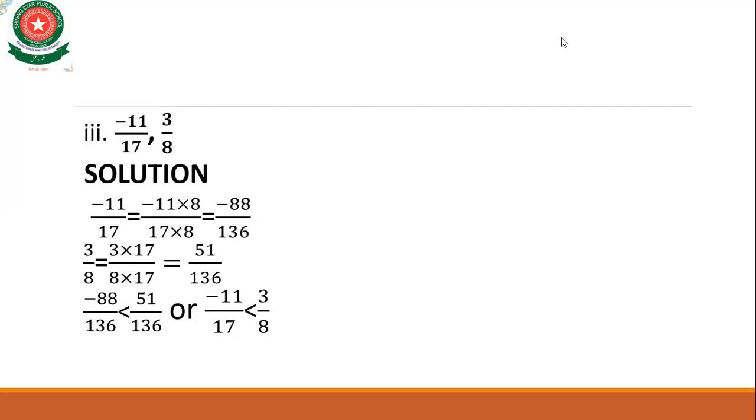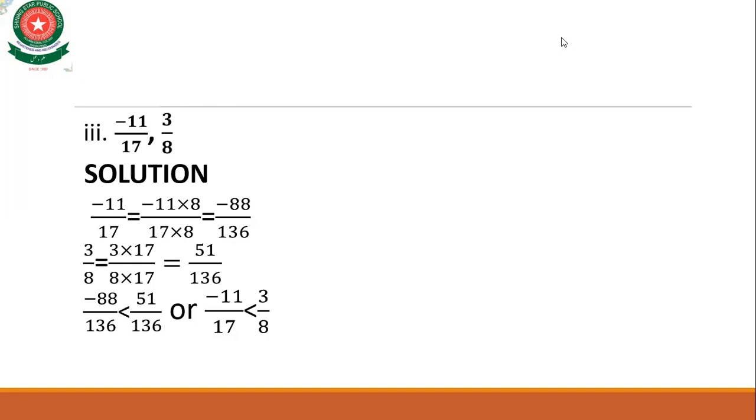Now again we have to compare minus 88 over 136 and 51 over 136. Now we know that minus 88 over 136 is less than 51 by 136. So we have to put a sign less than between minus 88 by 136 and 51 by 136.